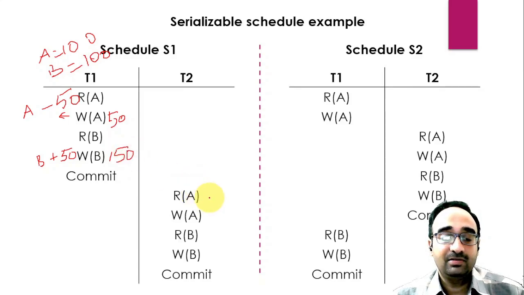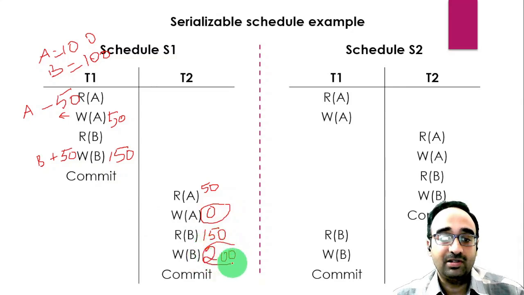Here also, read on A, sorry, not 100, 50 will come, because T1 has modified it. This write is also A minus 50, so it becomes 0. Read B means here B is modified to 150, and write B is again plus 50, so B becomes 200. By the end of this schedule, A's amount is 0 and B's amount is 200.